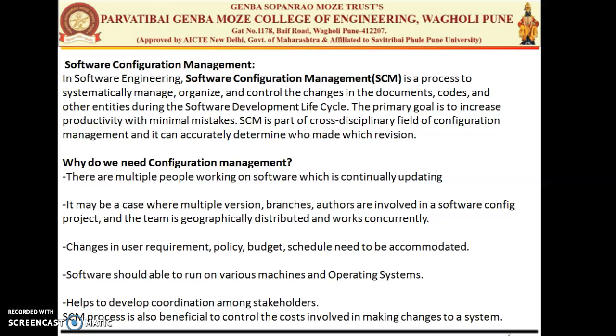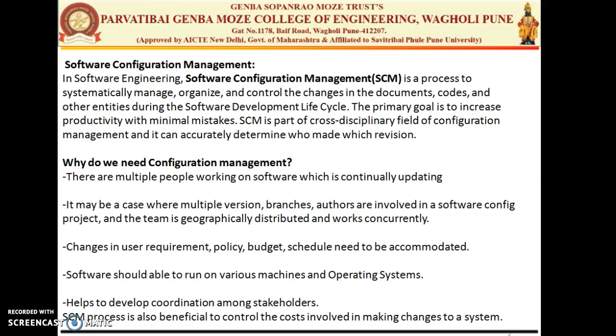The first one is software configuration management. So first understand what software configuration management is. It is a process to systematically manage, organize and control the changes in the documents, in the code and in other entities during your software development life cycle.